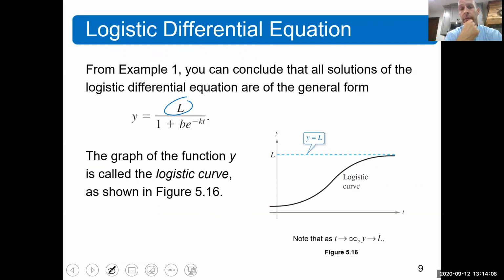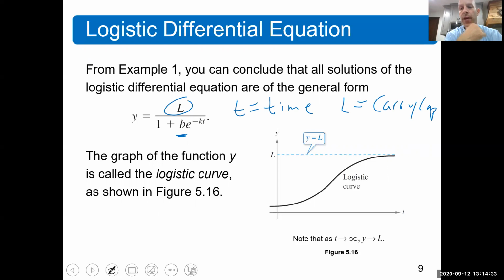That's a horizontal asymptote. So I have a couple of questions I'll pose to you that I'm not going to go over in this video. First of all, t clearly is time, and L is the carrying capacity. My questions are, number one, what does b do to the curve?